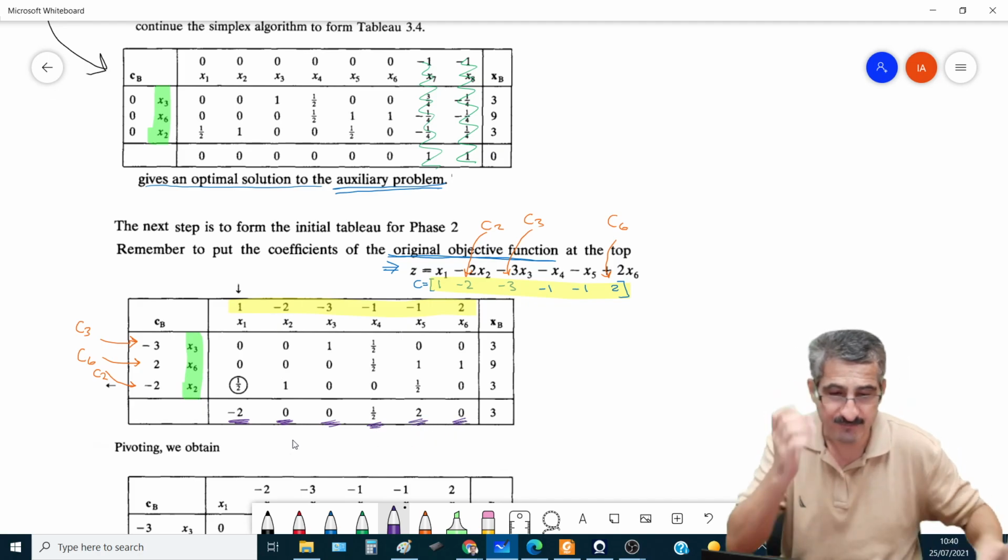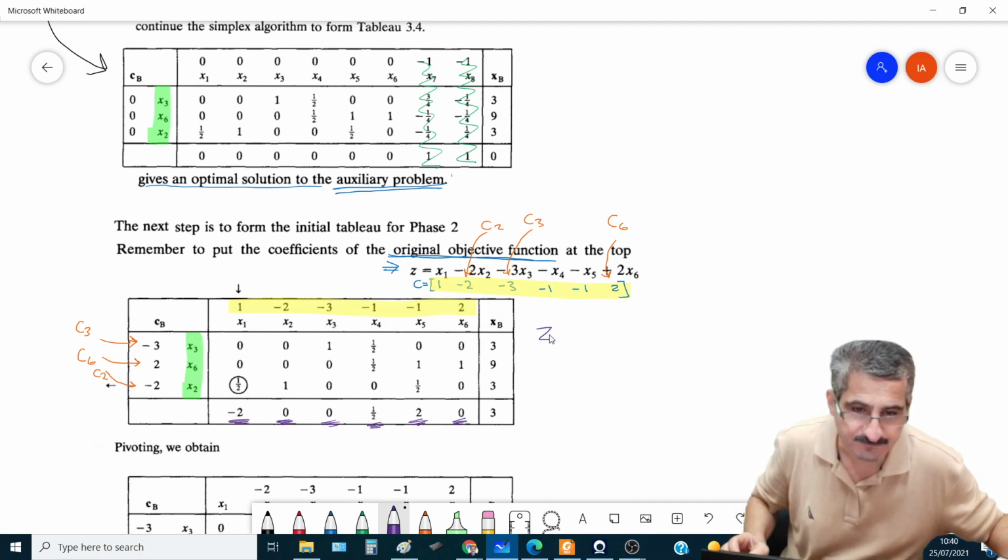Actually, we used again Zj equals Cb transpose Tj minus Cj.